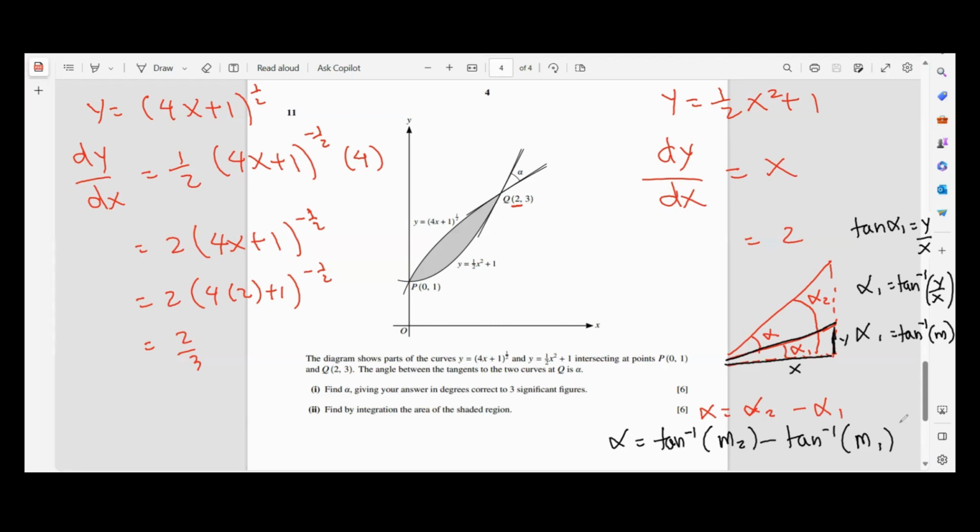And then we can change it already. The top one is 2.